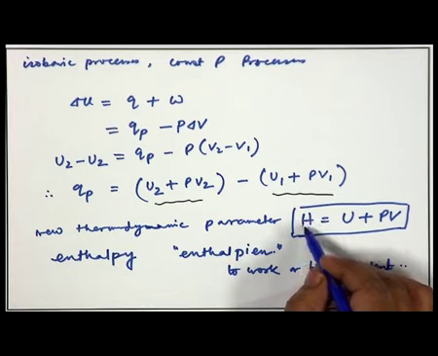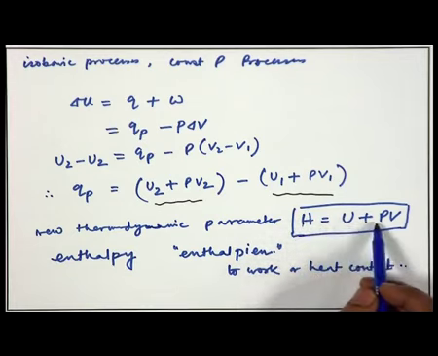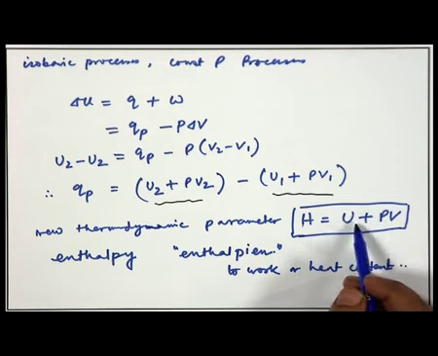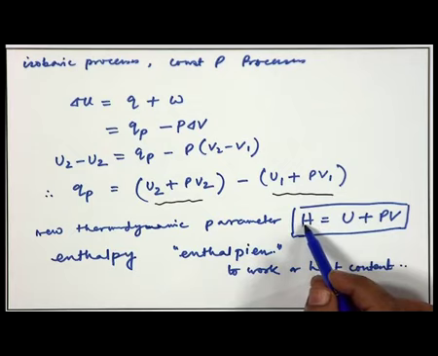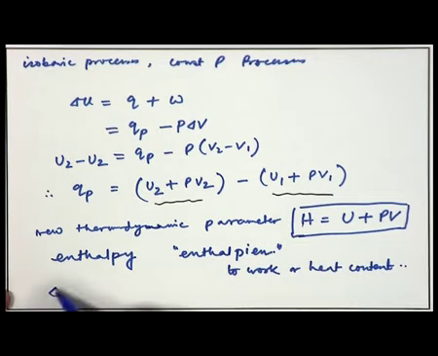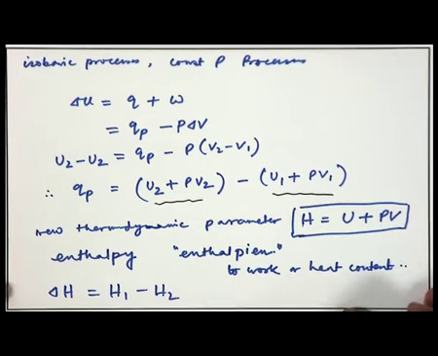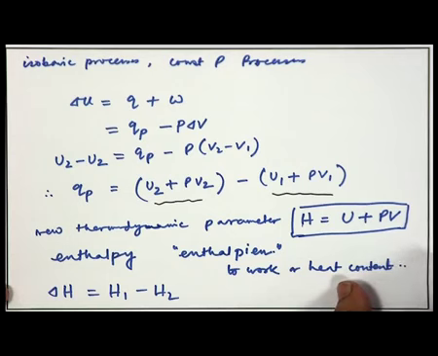Now, you can look at H, you will see that this is only related to U plus PV. All these terms are state variables, which means H is also a state variable. That means the value of delta H only depends on H1 and H2, it does not depend on the path or the process taken from going to state 1 and state 2.